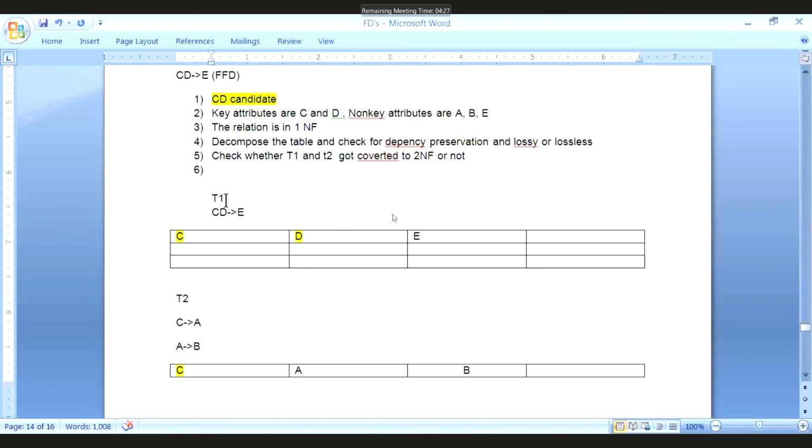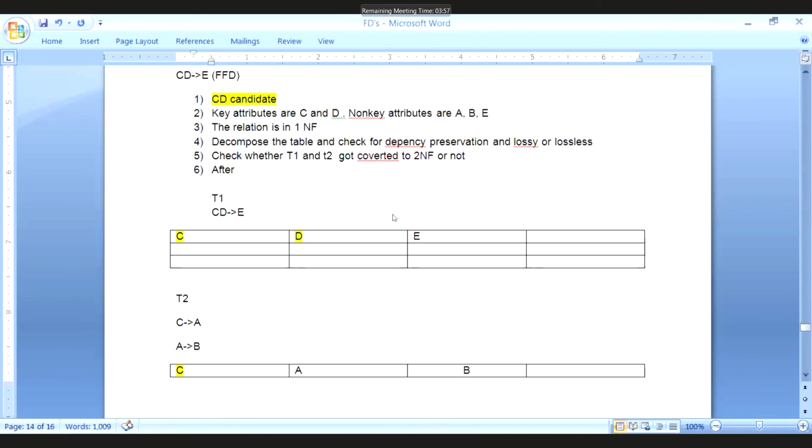Is T1 in BCNF? Yes, ma'am, it is also in BCNF. Why? Because the only determinant present in the table is a candidate key. Hence, T1 is in BCNF.